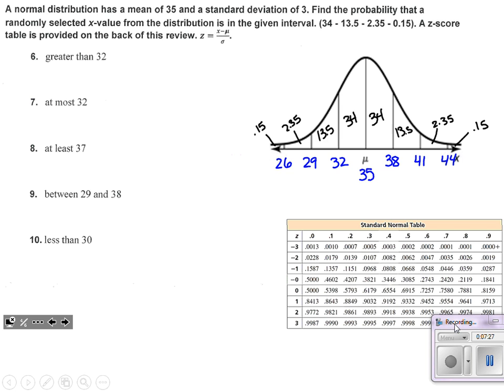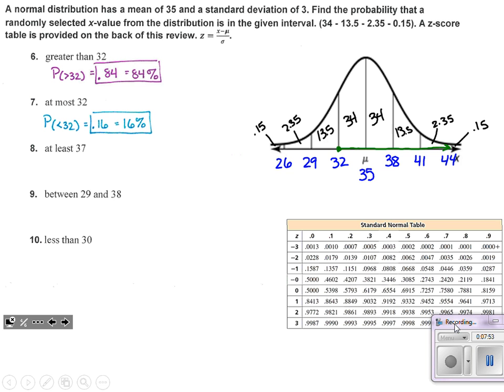That's the percentage of area of that normal curve that they're occupying. So greater than 32, well, that's 0.84, because if I look at 32 right here on the x-axis and all the numbers greater, I'm summing up 34 plus 34 plus 13.5 plus 2.35 plus 0.15. Adding all of those up, I get 84%.